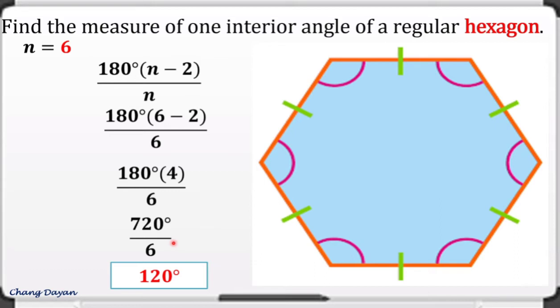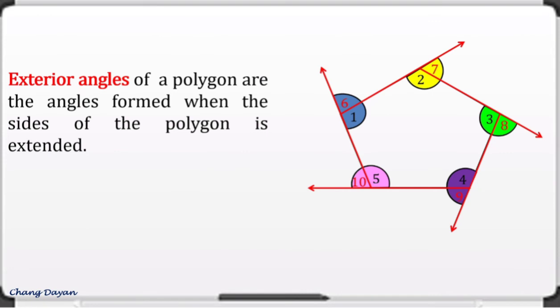Divide by 6. We'll get 120 degrees. So meaning, each angle of this hexagon measures 120 degrees. Again, this formula is to find one interior angle of a polygon.